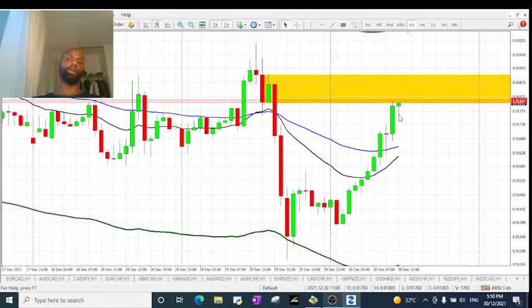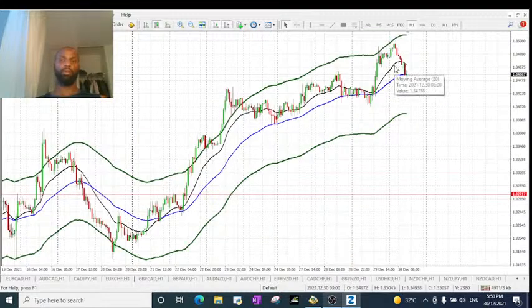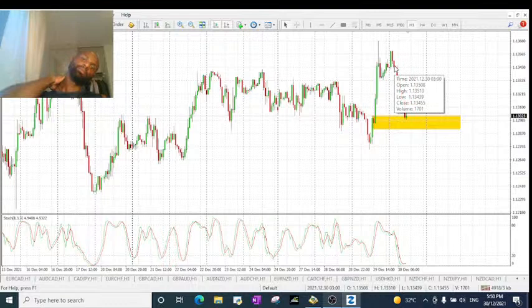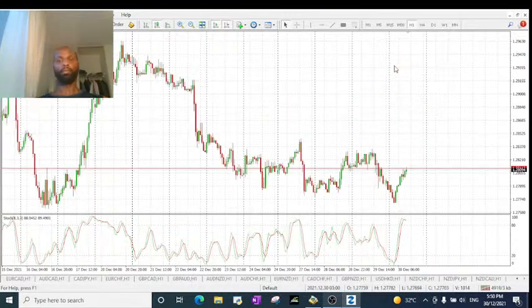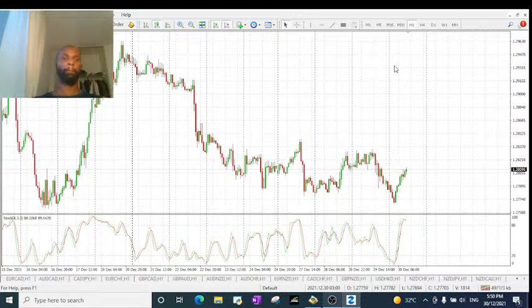But if I took this trade, I would be super conservative in terms of take profit. Somewhere here, out, right here, done. US Canadian dollar.